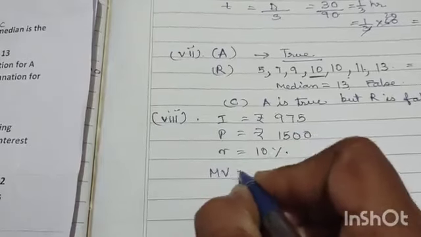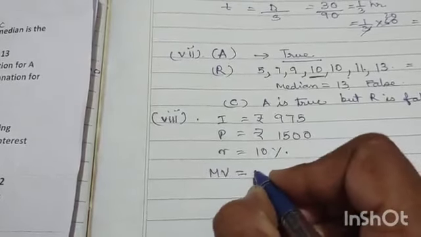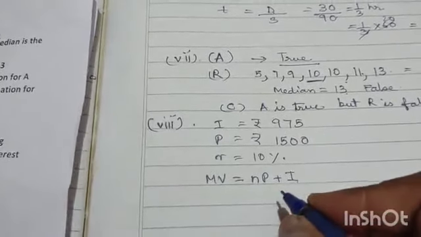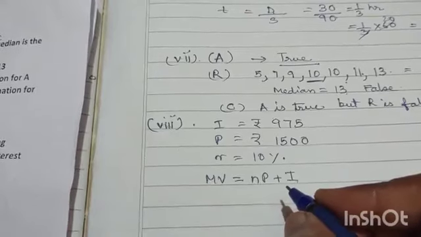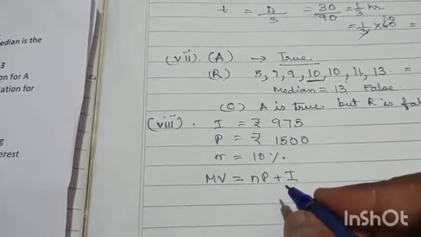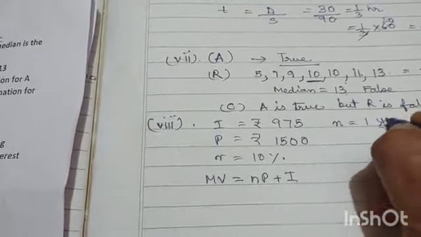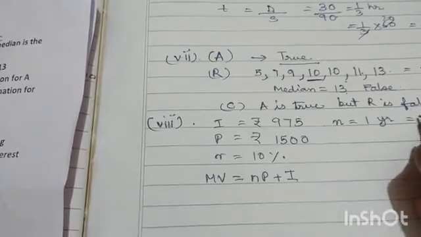So maturity value is equal to NP plus I, and it's also given that at the end of 1 year, so time is 1 year, that is 12 months.